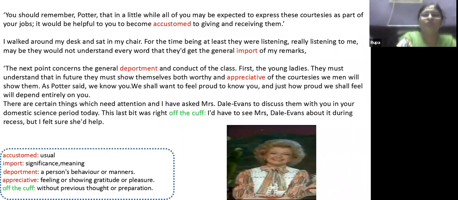They also must prove to us that we are right. We are showing respect to them, and we are telling that we are very proud to know you. The young ladies also have a responsibility. What is that? They must prove themselves worthy of that respect. And how proud we are feeling about them will entirely depend on the young ladies.